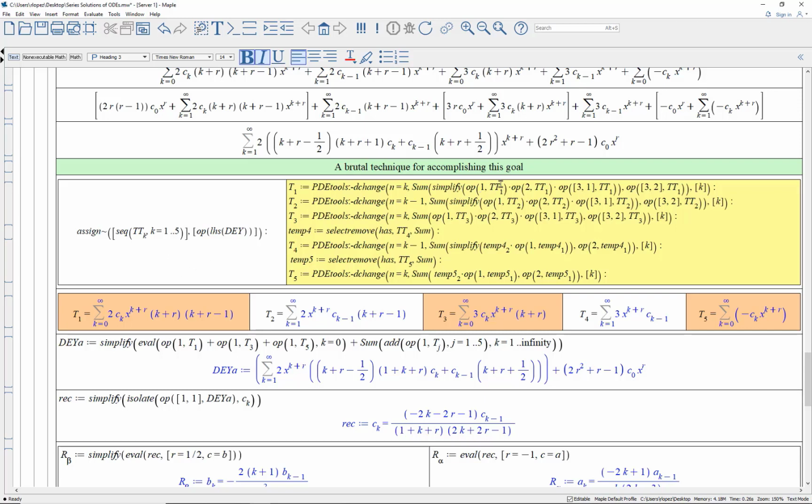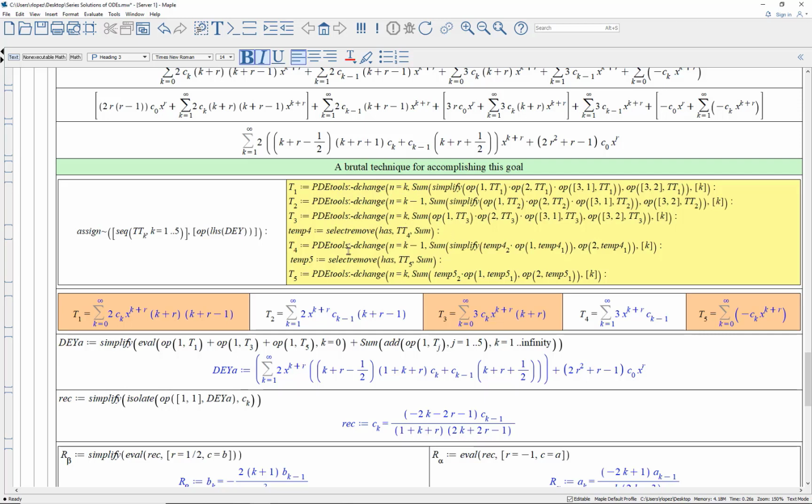You can see in here, I have gone into those 5 pieces, and I have manipulated minutely pieces using the op command, which is a low-level command for ripping things out from the tree structure that holds these terms. And then I've used the dechange command from PDEtools to shift indices and change the name of the index.